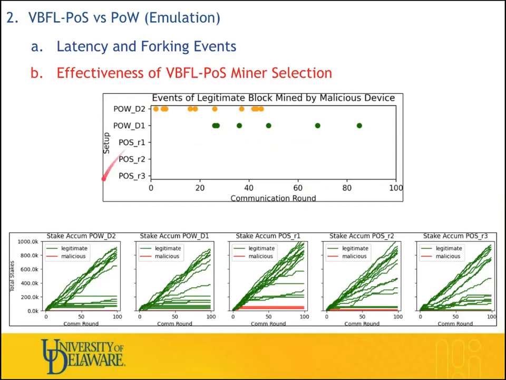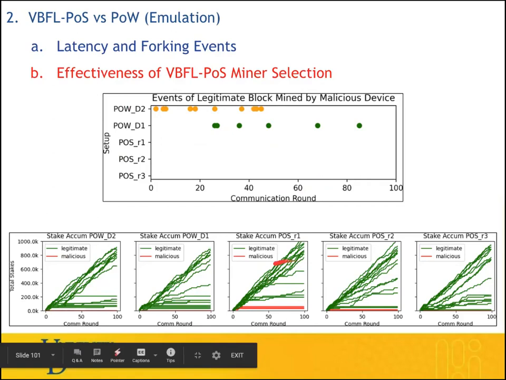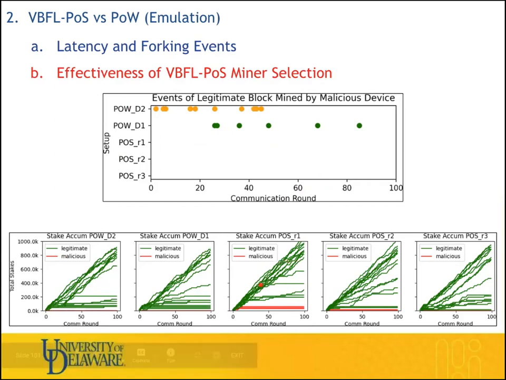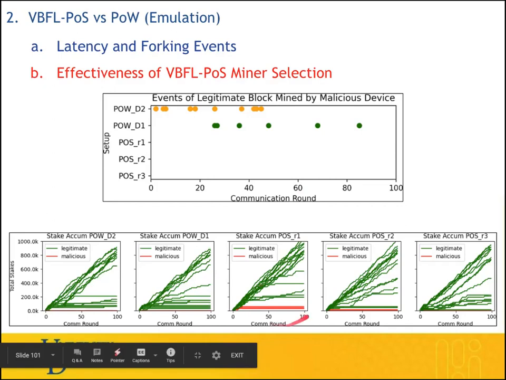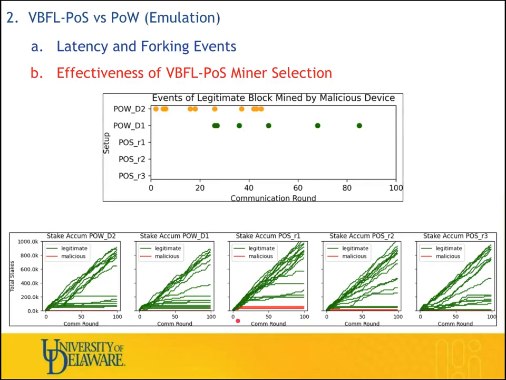To see it more concretely, we plot the stake accumulation curve for all 20 devices in all 5 setups. The green lines show the stake curves of legitimate devices, and the red lines show those of malicious devices. We can see that the stake of malicious devices stops increasing at an early stage because all 5 setups have the validation method implemented.